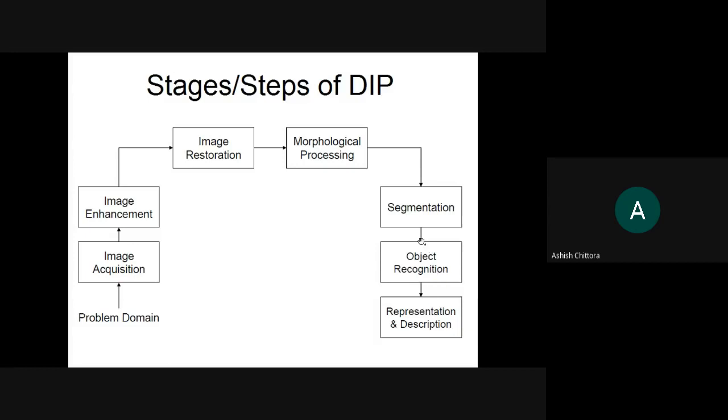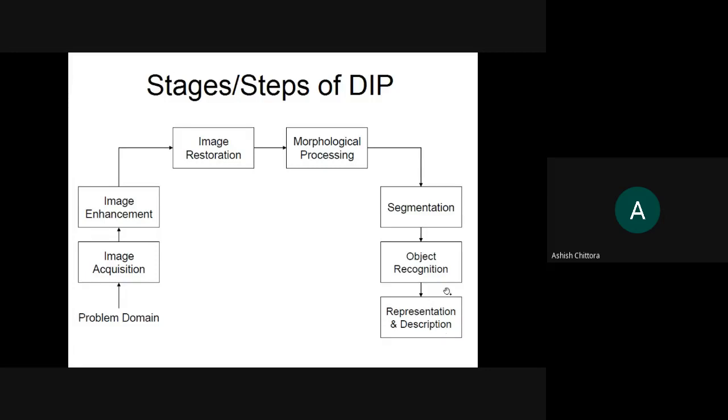So converting the features of any object into attributes or numbers to be fed into the recognition system is called representation and description. This will create features or numbers which are suitable for a machine learning system or pattern recognition system.